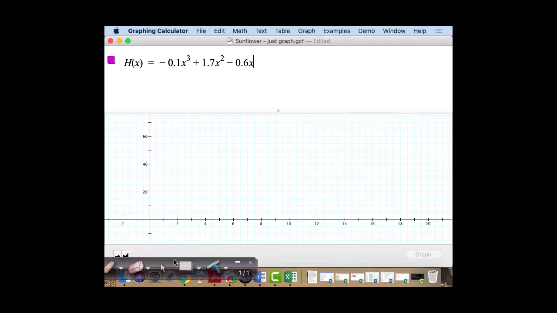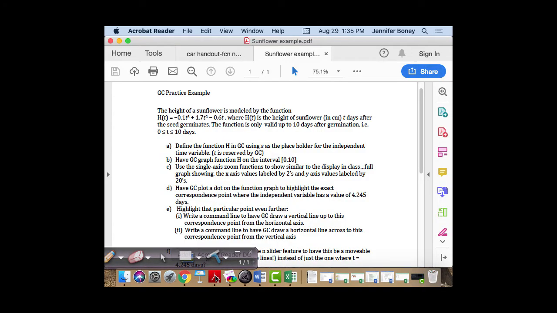If you open up that sunflower document, I'll just show it quickly here. It says the height of a sunflower is modeled by the function h of t equals negative 0.1 t cubed plus 1.7 t squared minus 0.6 t, where h of t is the height of a sunflower in centimeters at t days after the seed germinates. The function is only valid up to 10 days after germination, or in other words, our domain is 0 through 10.